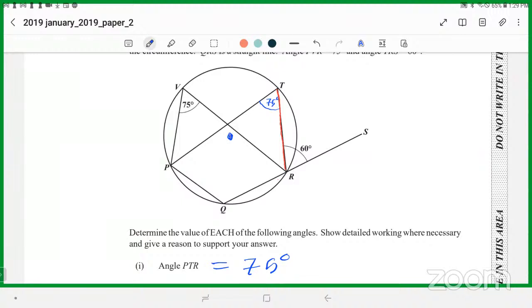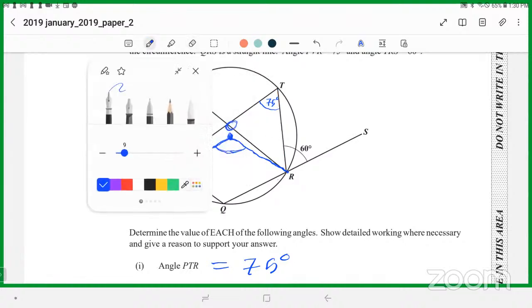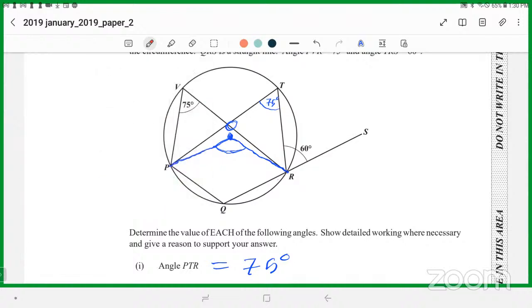And they're basically asking us for this angle. But that's an angle at the center, so we're going to use the center rule. And that angle at the center right now is subtended by this arc.